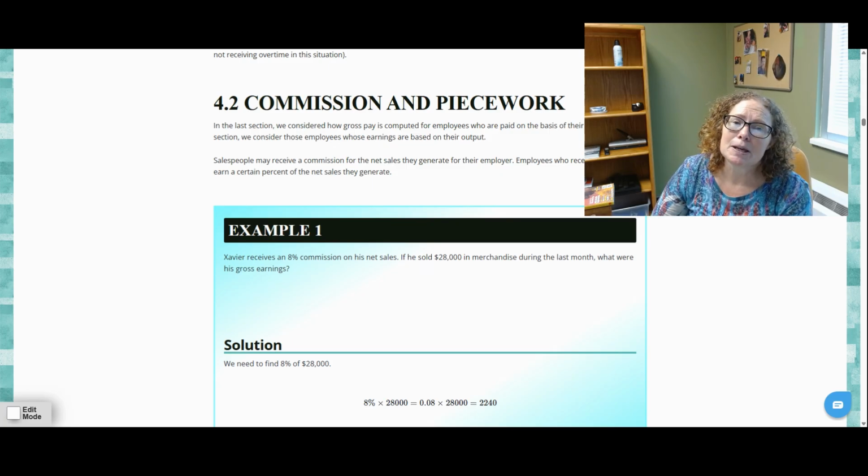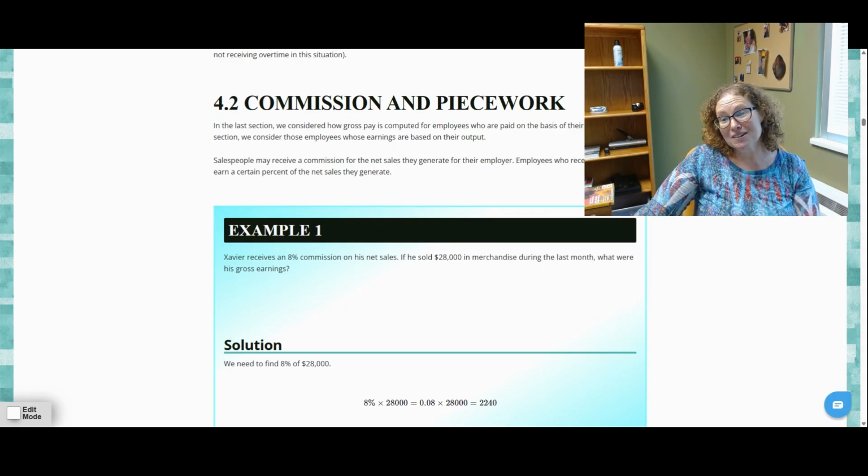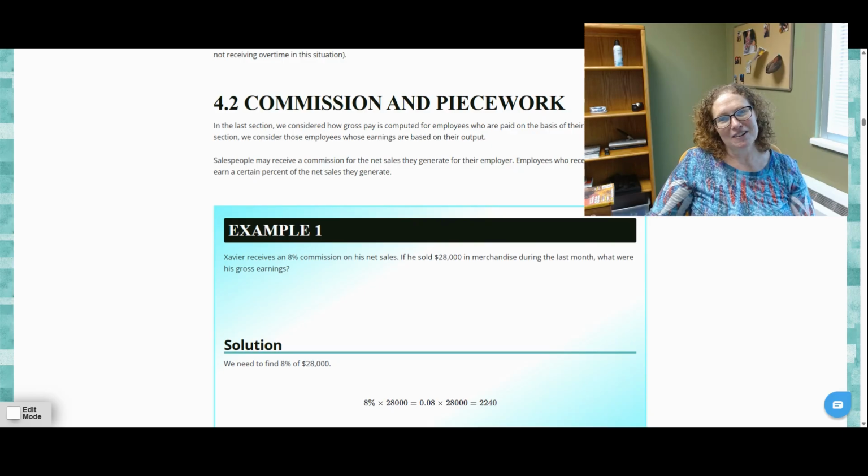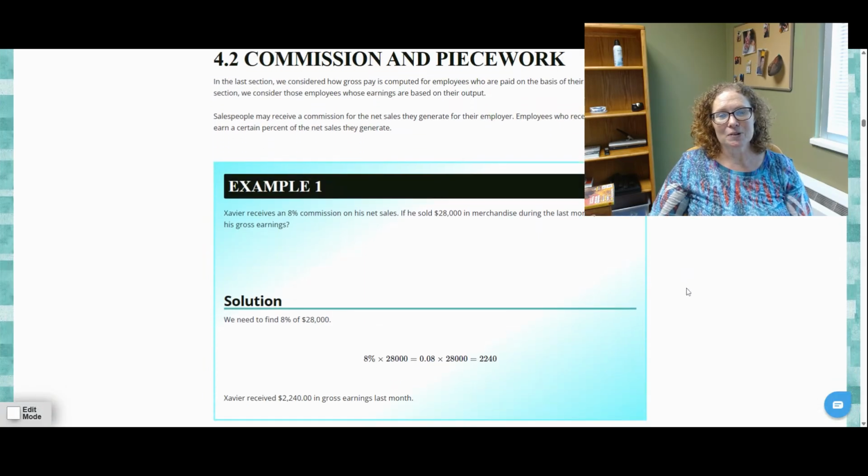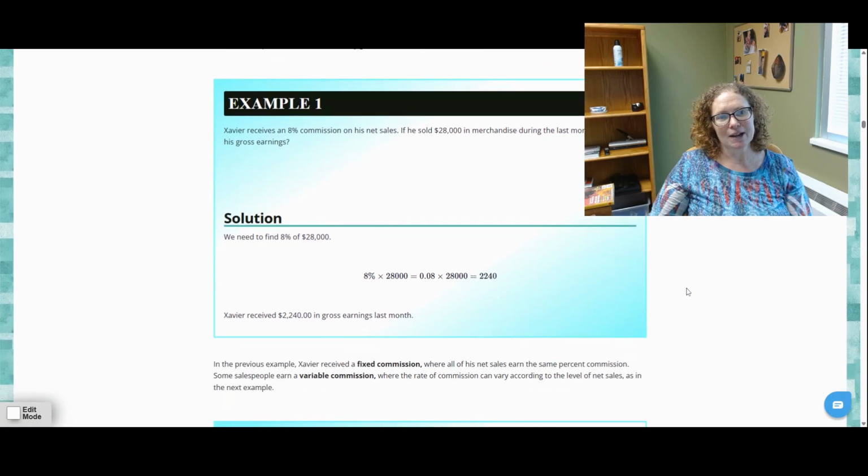Sometimes people are paid differently than based on their hours. For example, a lot of salespeople work off a commission. Some work off a salary plus a commission, and some work on just a commission. So we need to look at how these people would be paid. We're going to go into commission first, and then we'll do the piecework after.